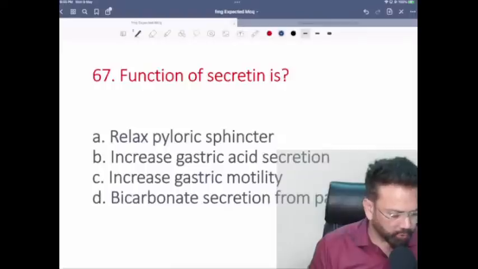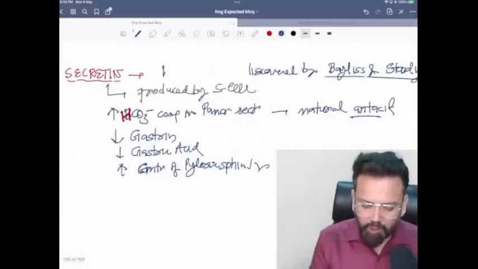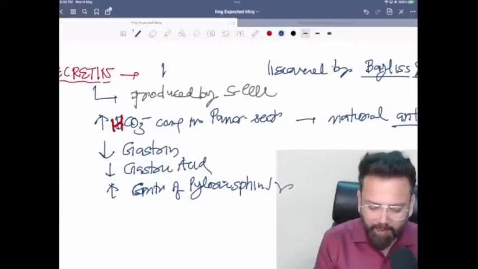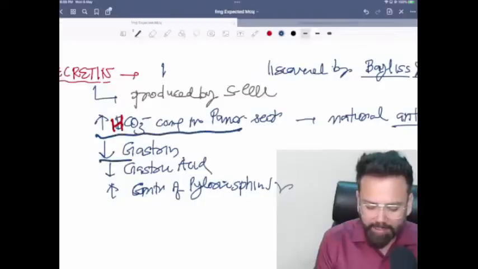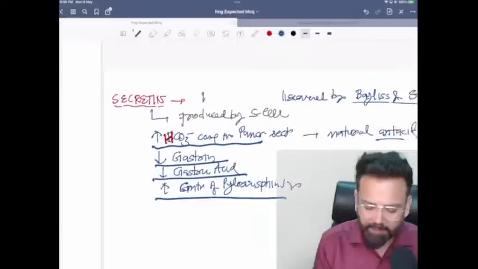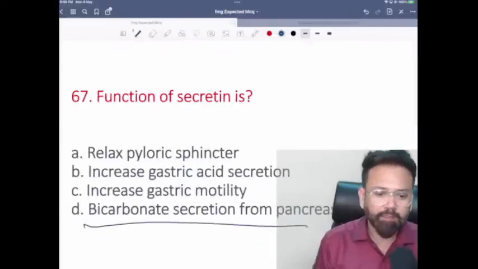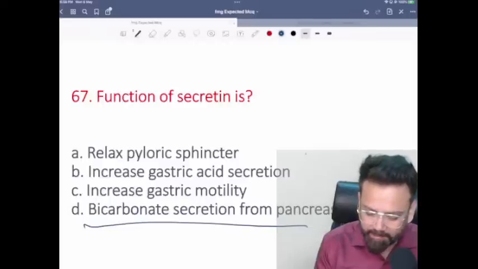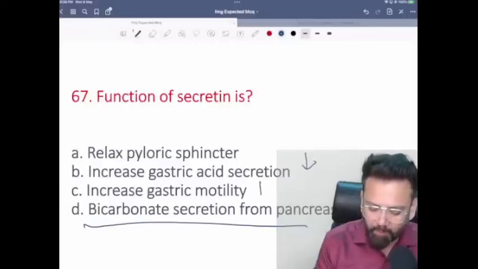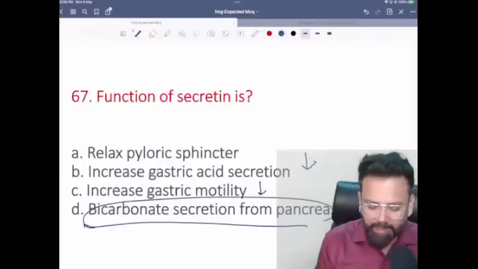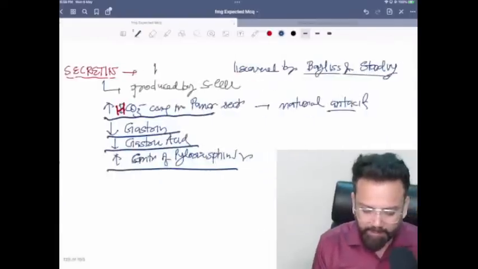Yes, D. Function of secretin is it increase bicarbonate component, decrease gastrin, decrease gastric acid, increase contraction of pyloric sphincter. It increase bicarbonate secretion from the pancreas. Secretin is decreasing gastric acid secretion, motility, and increase the bicarbonate component of the pancreas.